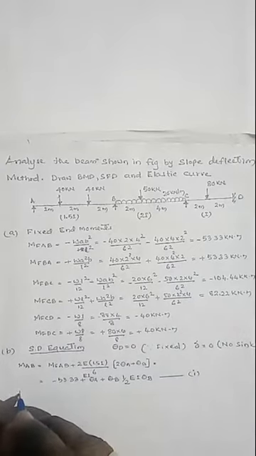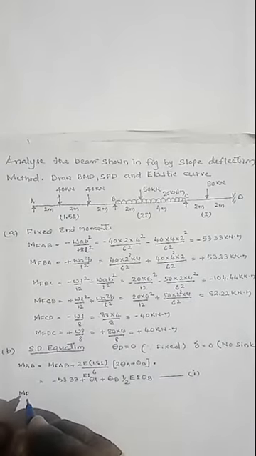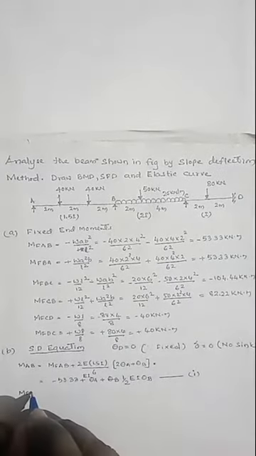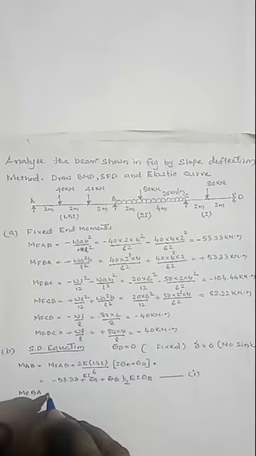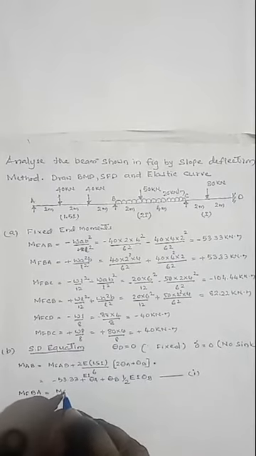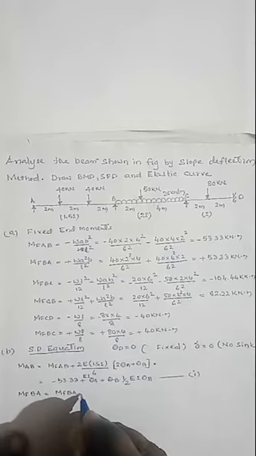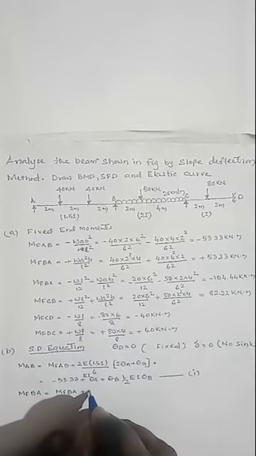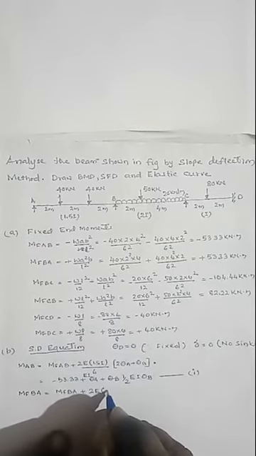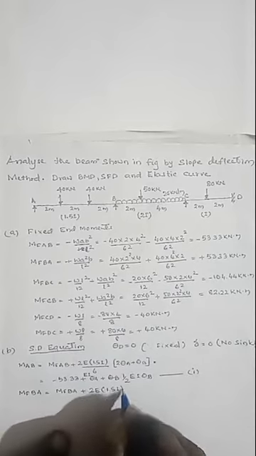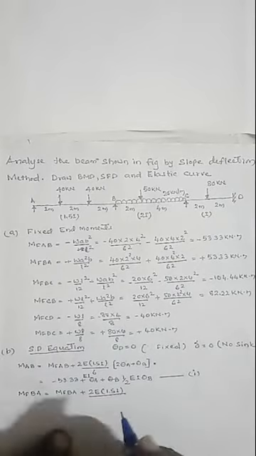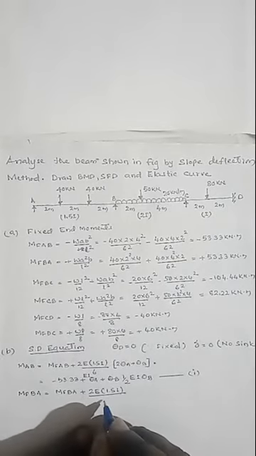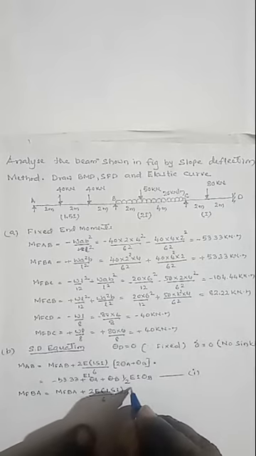Similarly for the opposite end, for BA, MFBA is the fixed end moment we have calculated in the first step. Then 2E into 1.5 times I, since there is a variation of flexural rigidity for the span, and the length is 6 meter.